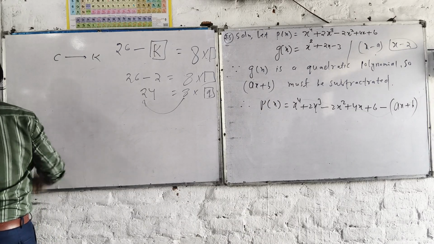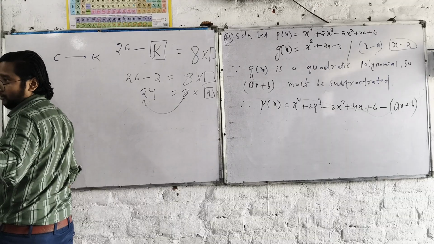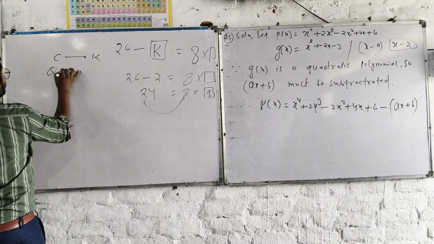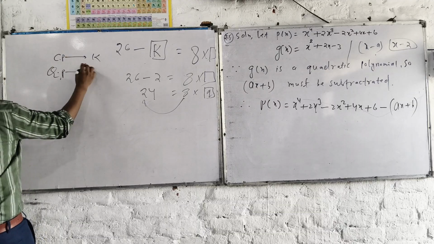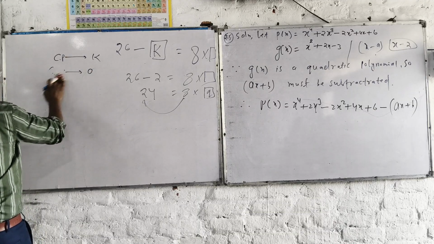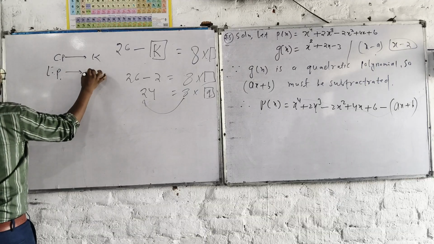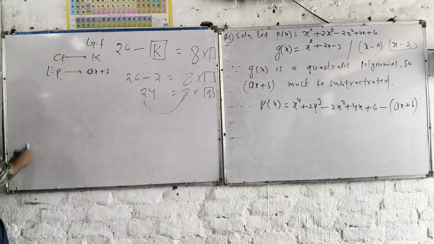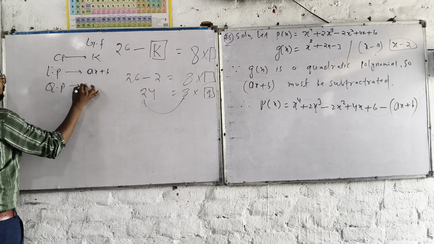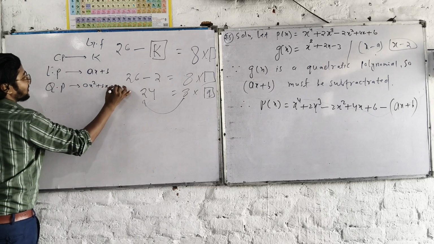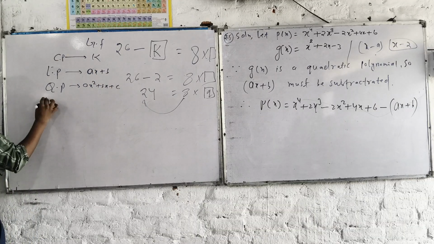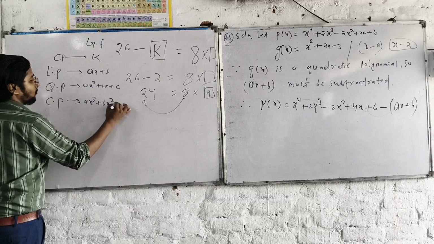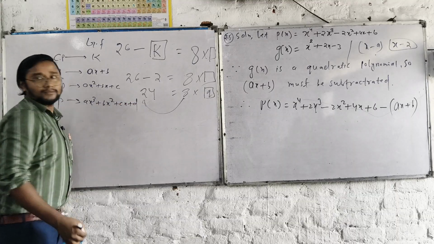The constant polynomial you will take. Okay, constant polynomial, linear polynomial x plus b, general form of quadratic polynomial x squared plus bx plus c, and general form of cubic polynomial x cubed plus bx squared plus cx plus g.